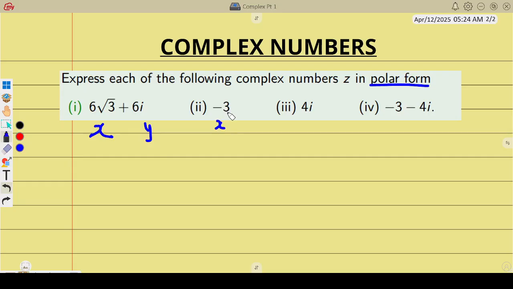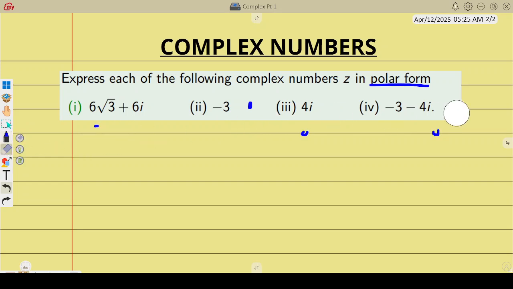Here, x is the real part and y is the imaginary part. Here we only have the imaginary, meaning the real part, which does not have i, is 0, so x is 0.